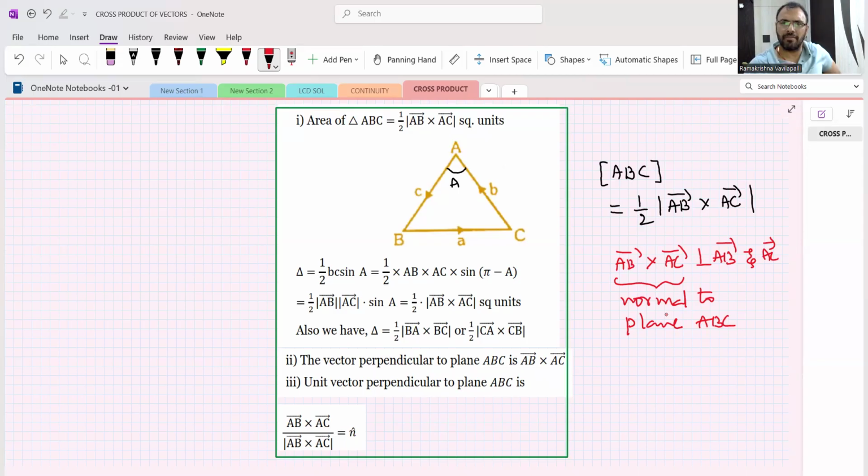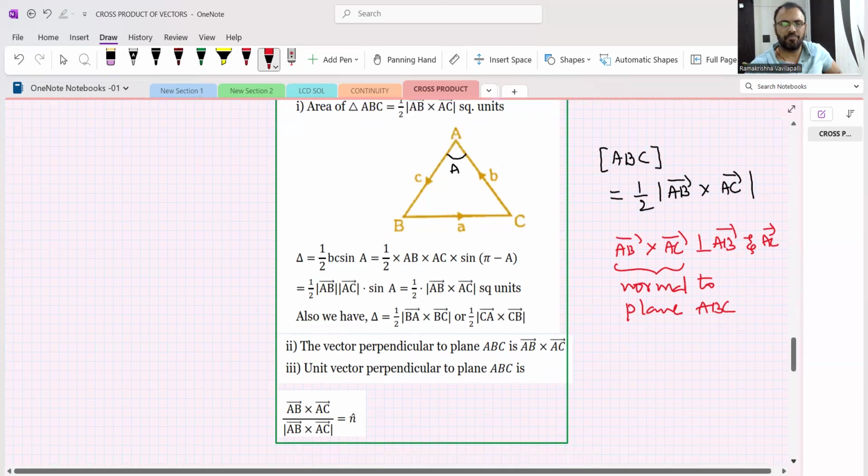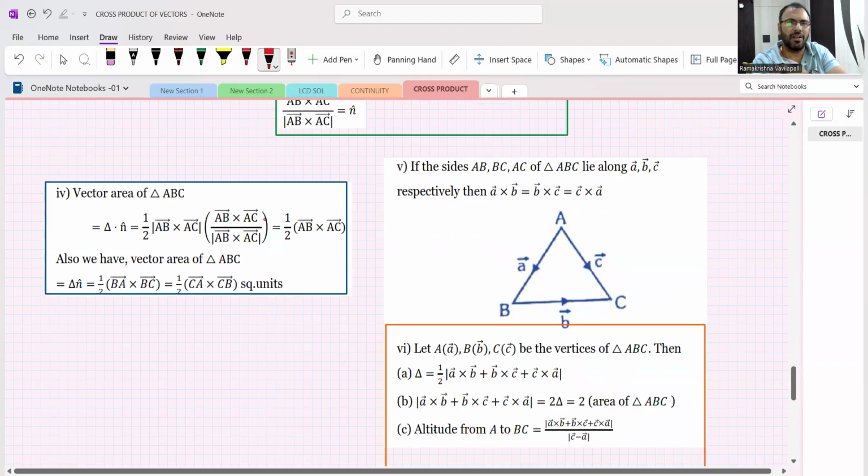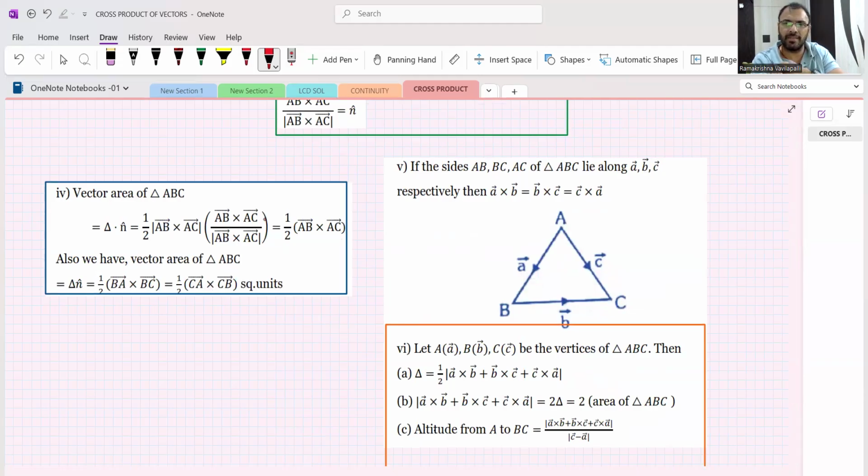If you want to find the unit vector, just divide this vector by its magnitude. If you want the vector area of triangle ABC, you just remove the modulus and write directly half into AB bar cross AC bar.